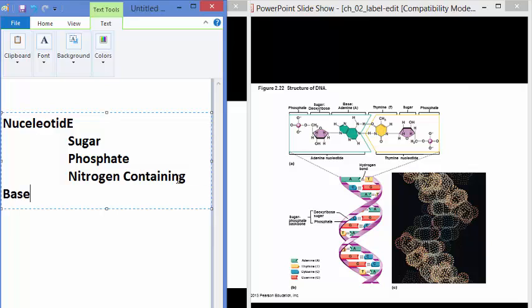So the ESPN: the sugar, phosphate, and nitrogen-containing base.